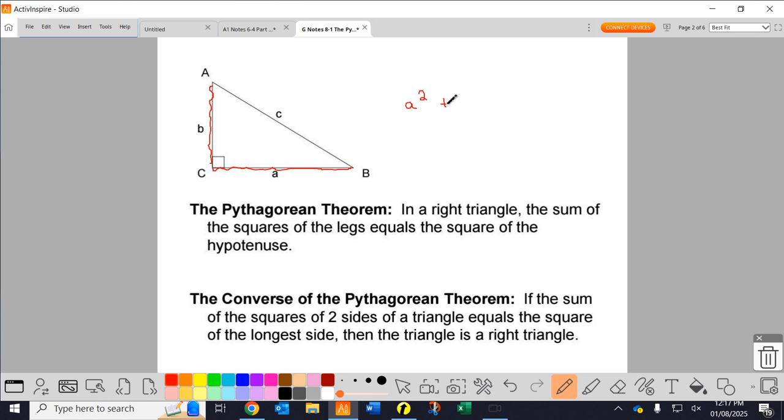Guys, if there's anything you're going to get out of this chapter, knowing where the hypotenuse is affects everything in this semester, literally everything. Any time you've got a right triangle, the segment that is across from the right angle is going to be your hypotenuse. This one is always going to be the hypotenuse, and it always goes on the right hand side by itself. It's written as c squared.